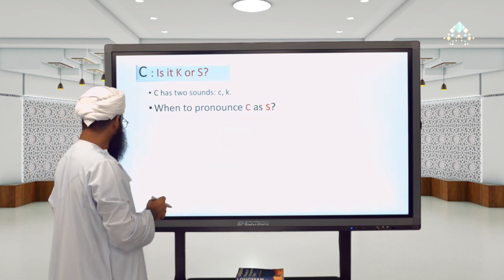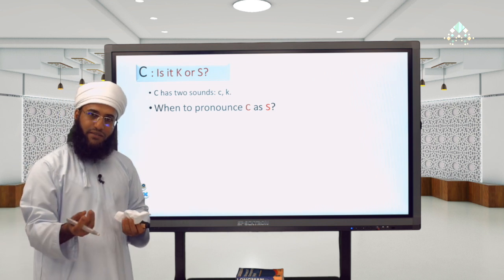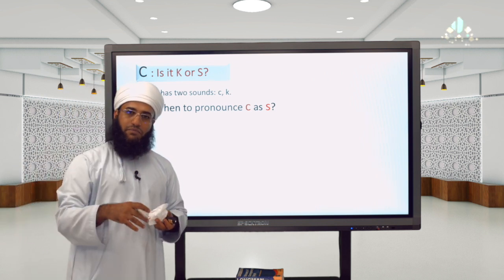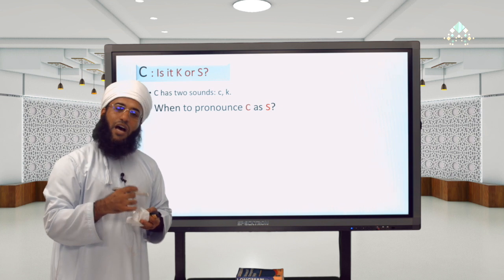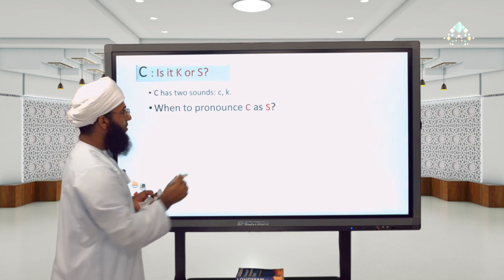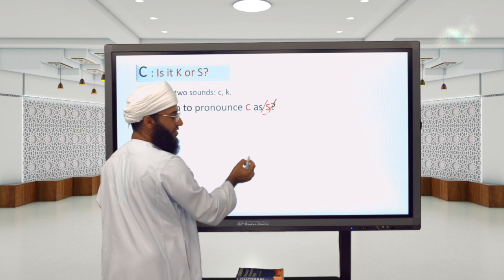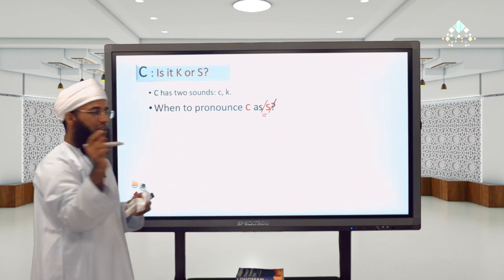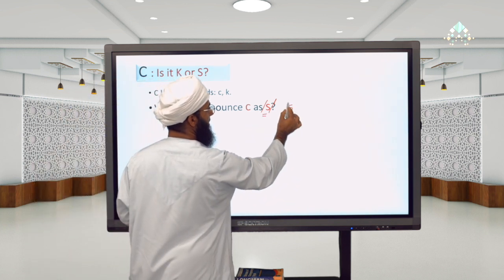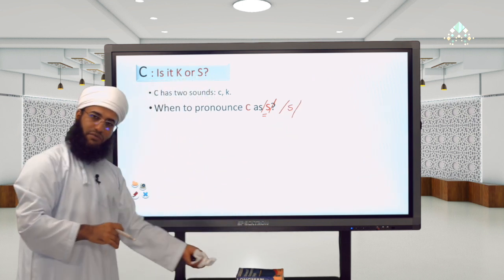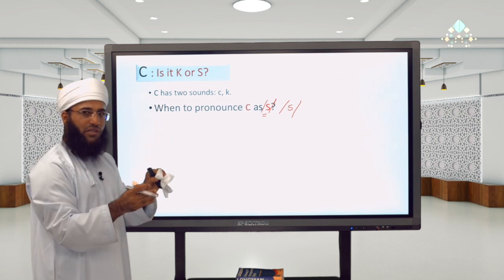Let me show you, in phonetics, في علم الصوتيات, maybe later in another course, you will study how to pronounce the sounds, and they use phonetic symbols. So they put this between two slashes to show the pronunciation. In the dictionaries, to show you the pronunciation of words, they use phonetic symbols between two slashes.